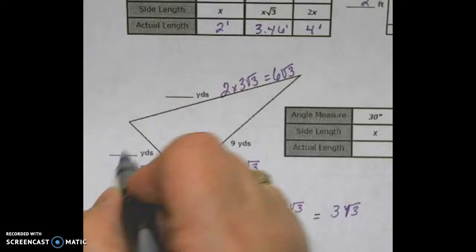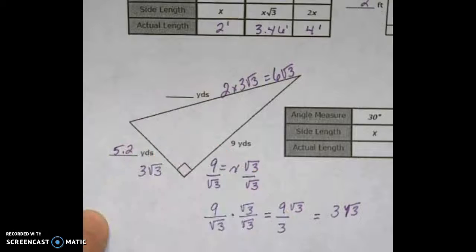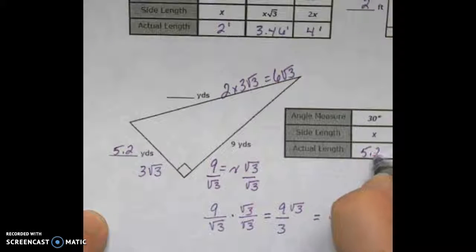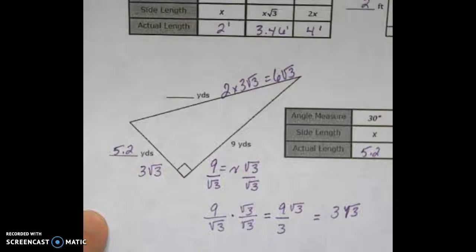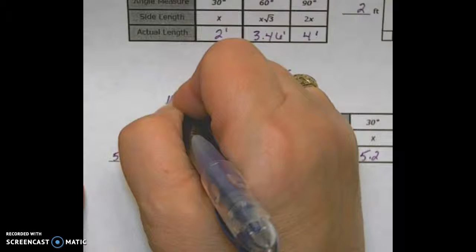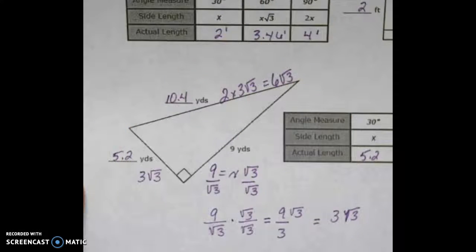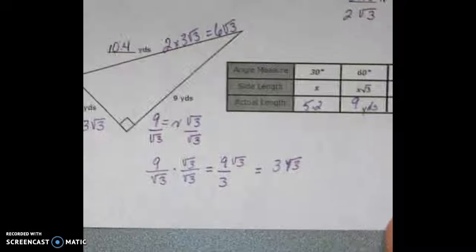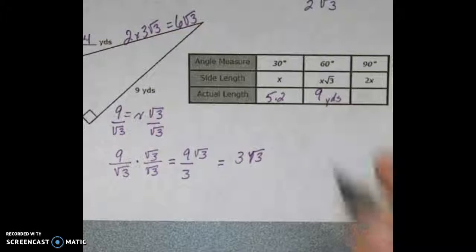So I'm going to add the 5.2 yards to my diagram and to my table. I know my hypotenuse is twice as long as 5.2, and 2 times 5.2 gives me 10.4 yards. I'm going to add that to my diagram and to my table.